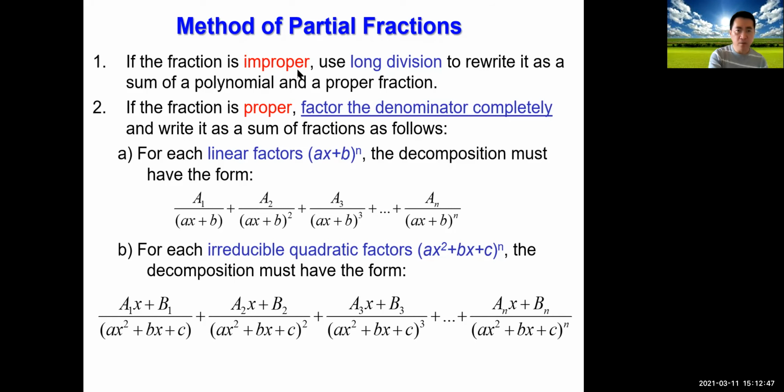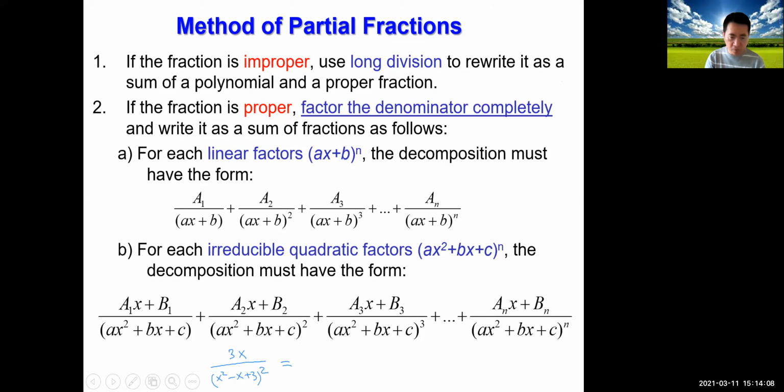For example, when you have something like 4x minus 2. All right, so you see, if I have 3x over x squared minus x plus 3 squared, right? That one we have a quadratic here: x squared minus x plus 3. Now that one you cannot factor further.